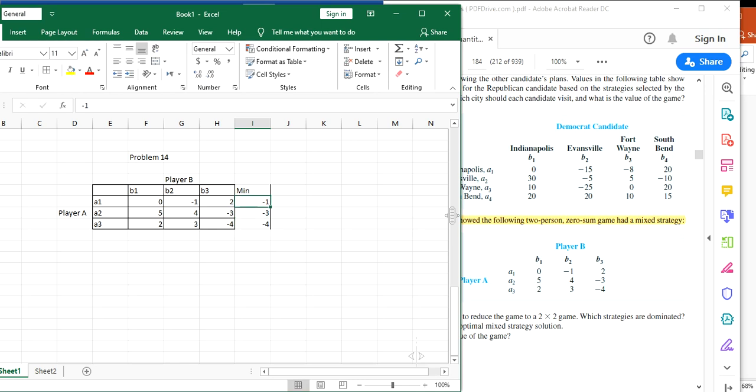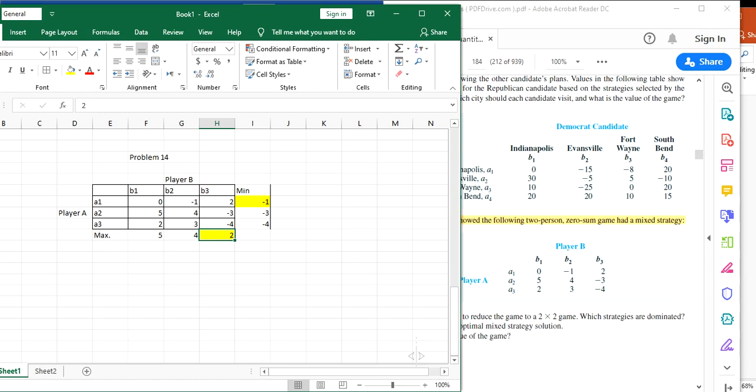The maximum is minus 1, and we check the maximum of the columns as well: 5, 4, 2, and the lowest one is 2. 2 is not equal to this.